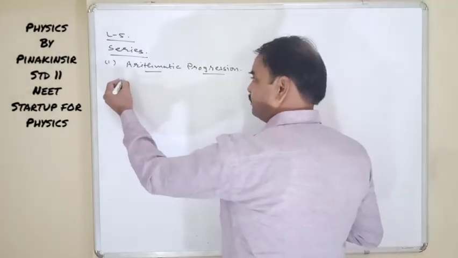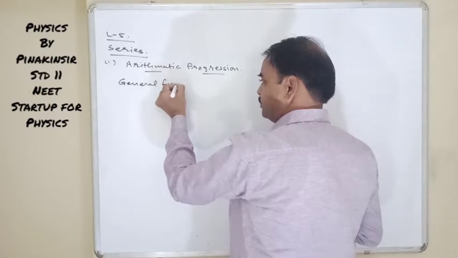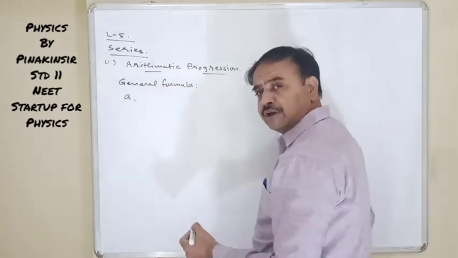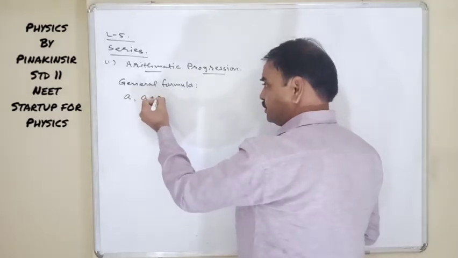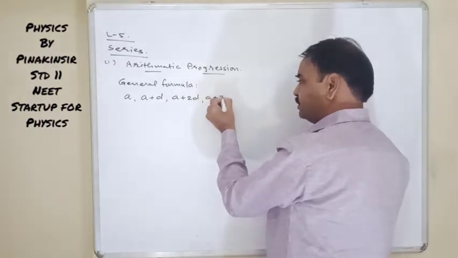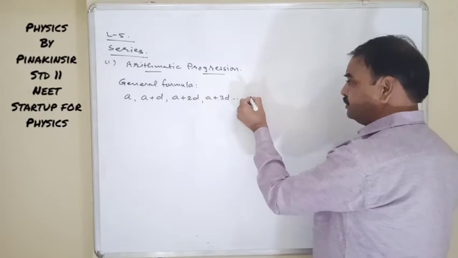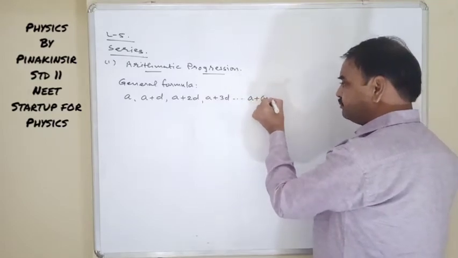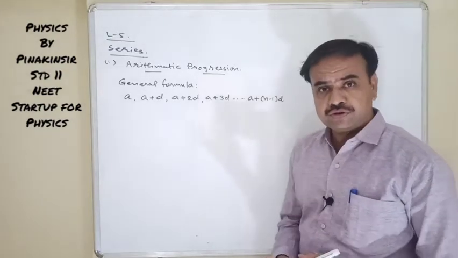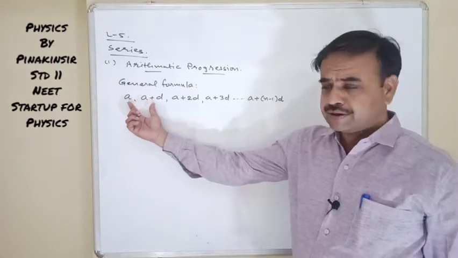Thereby, general formula for this progression is A. It will look like this: A plus D, A plus 2D, A plus 3D, and so on up to nth term, that will be A plus n minus 1 D. See here, between two successive terms, difference is D, between first and second.